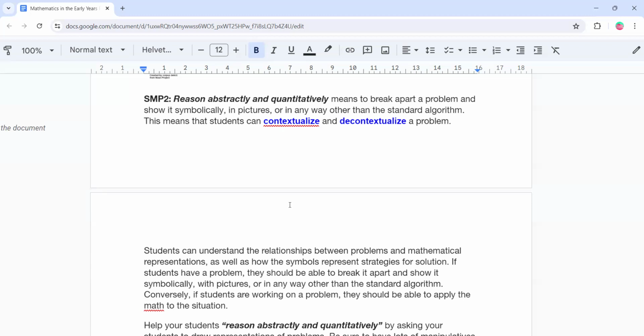If students have a problem, they should be able to break it apart and show it symbolically, with pictures, or in any other way than the standard algorithm. Conversely, if students are working on a problem, they should be able to apply math to the situation.